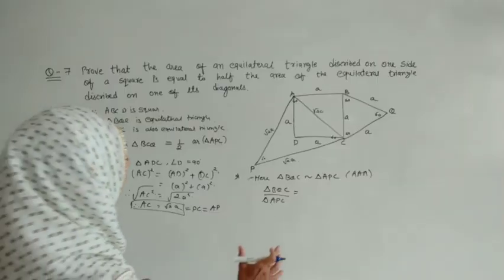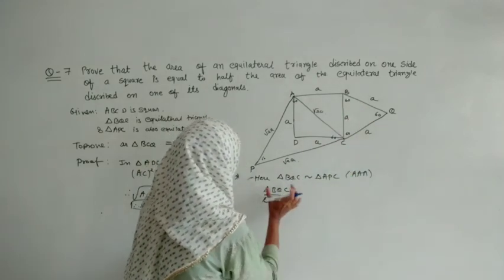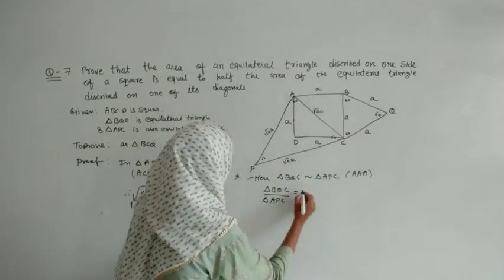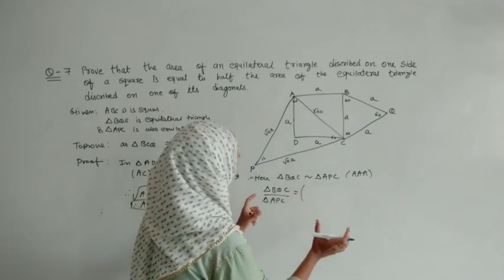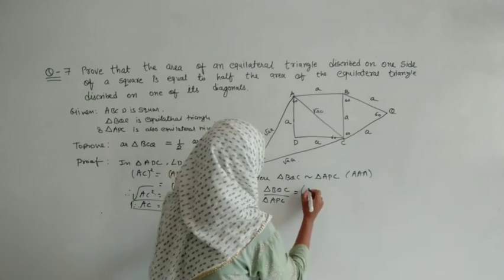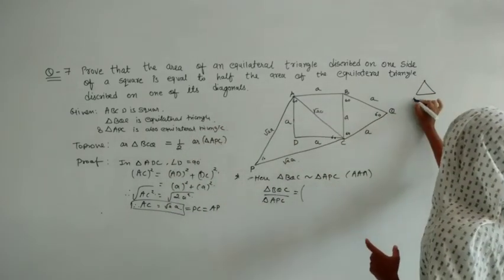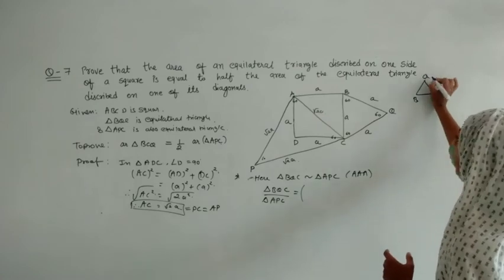So here you can write triangle BQC by APC, and the ratio of their corresponding sides. Let us take that side. Let me draw it first. BC I am taking down and Q I am taking up.